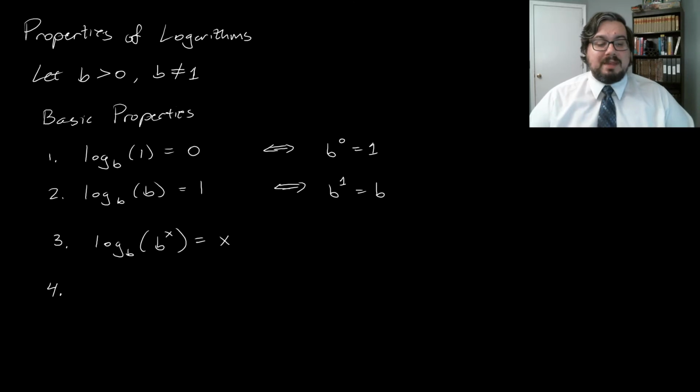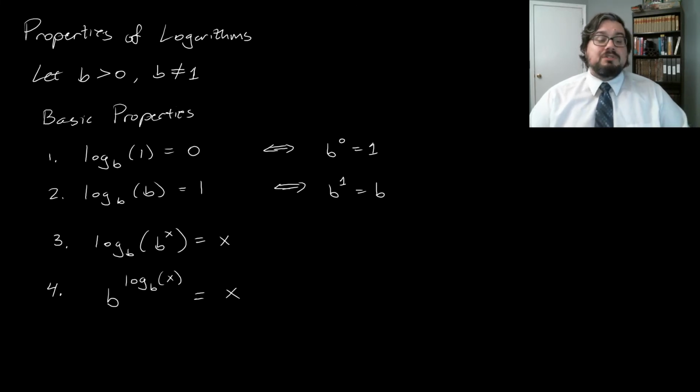If I have the log base b of b to the x, that's always just x. And similarly, if I take base b and raise to the logarithm with base b of x, that's also always just going to be x. And again, that's because the logarithm and the exponential are inverses of one another.